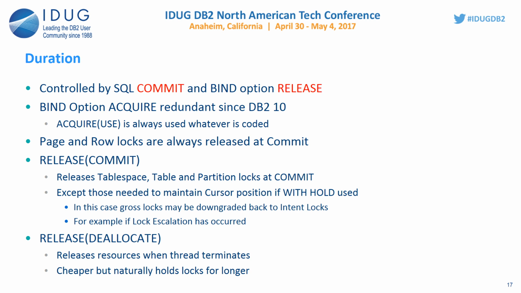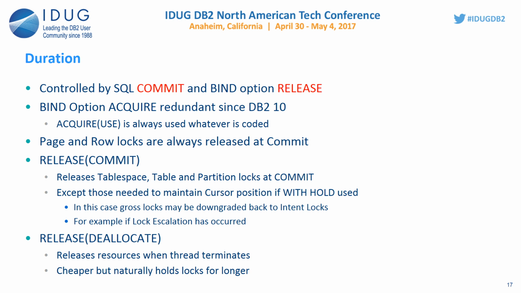All right? Now, the bind option acquire has been redundant since DB2 version 10. All right? So you used to say acquire use or acquire allocate, and DB2 always uses acquire use now. Even if you code acquire allocate in your bind, DB2 is going to use acquire use. So we can effectively ignore that one.